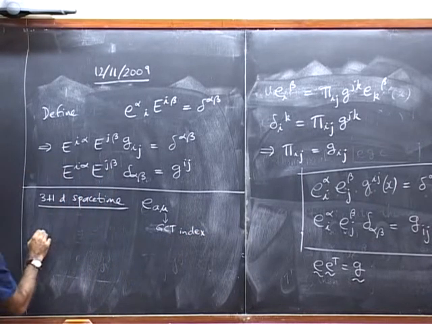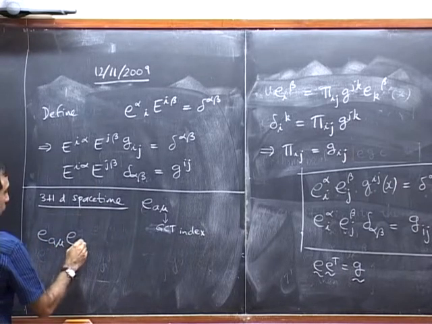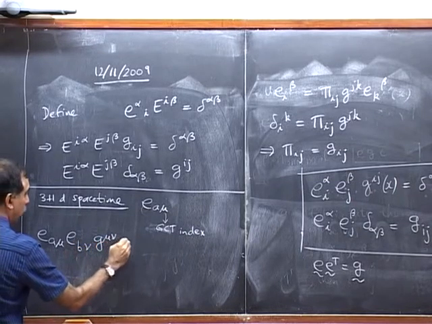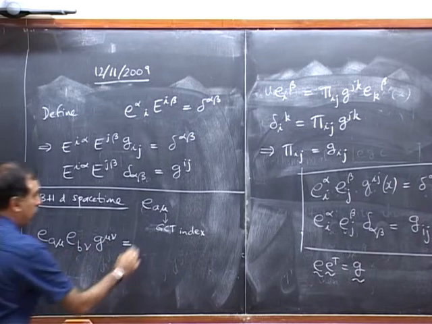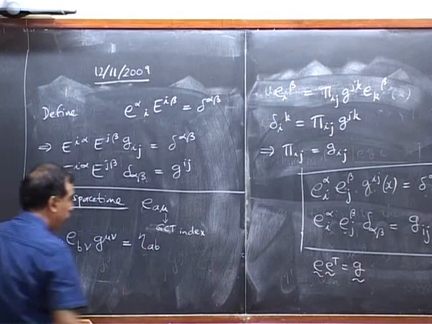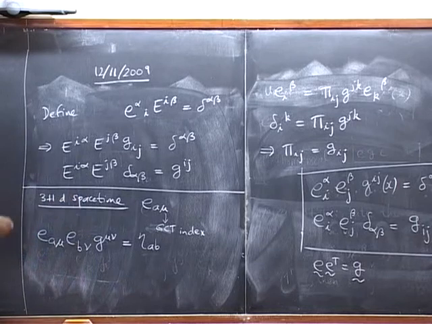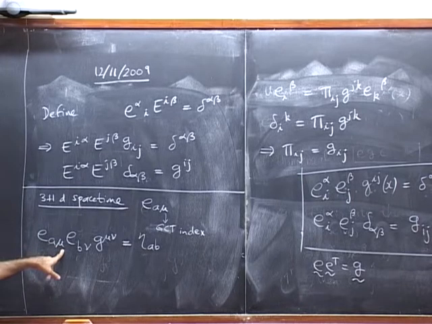But now when I write E^A_mu, E^B_nu and contract with G^{mu nu}, what should I expect to get? I should expect to get eta^{AB}, because these A, B are really like flat space-time indices, because the tangent space of curved space-time is flat space-time. Okay, so in some way you can think that this index behaves like special relativity and this index behaves like general relativity.